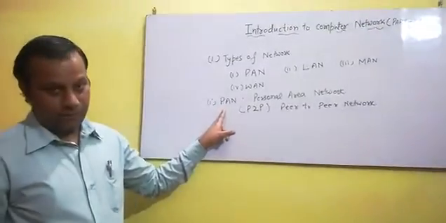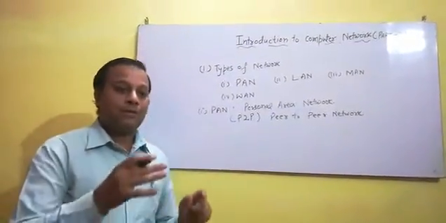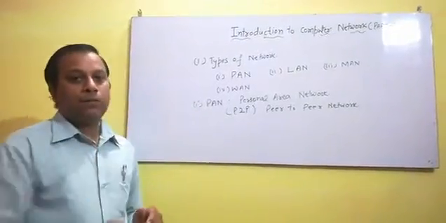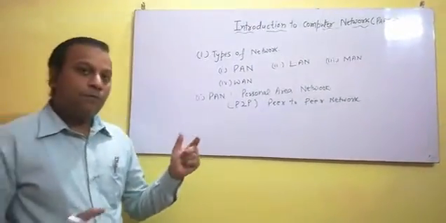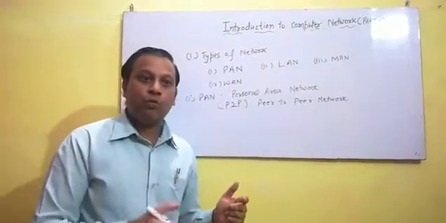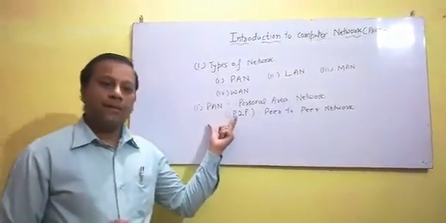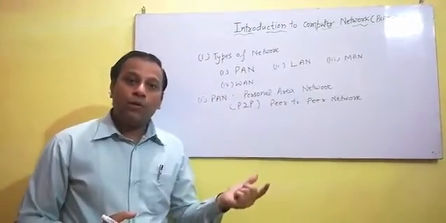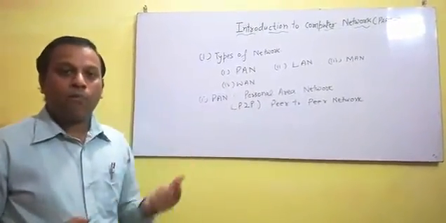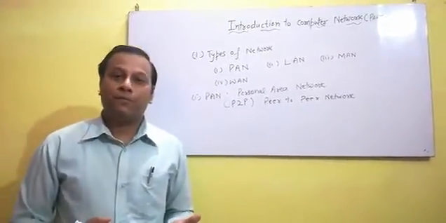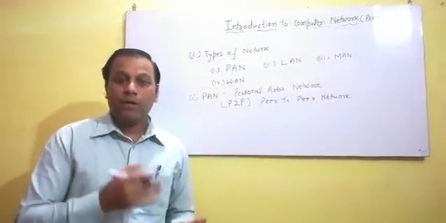Basically, whenever I connect my mobile phone with another smartphone with the help of infrared radiation, Bluetooth, Wi-Fi, hotspot, anything, it is considered a PAN. Moreover, we can connect our mobile or smartphone with a laptop or computer with the help of data cables.